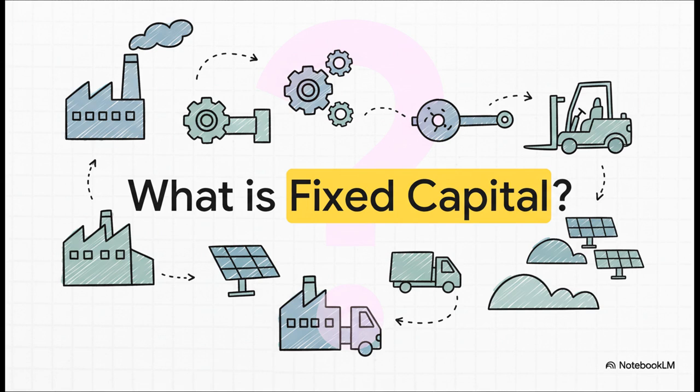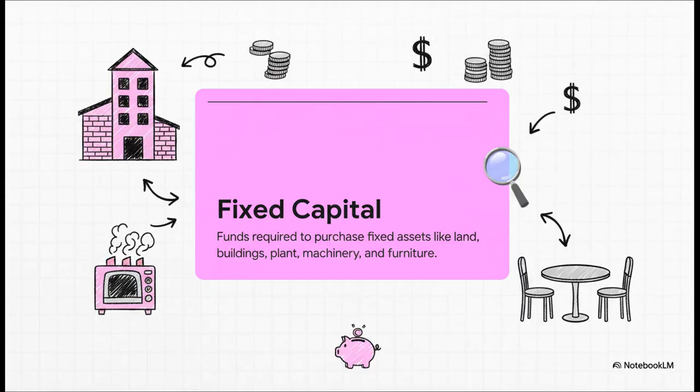The clue is in the name itself, fixed, something that stays in one place for a long, long time. Exactly. Fixed capital is the money you use to buy all the big, heavy, long-term stuff. Things you buy once and they last for years. So for that little restaurant we're talking about, it would be the big oven, the refrigerators, the tables, the chairs, all those things that are fixed and don't change every day.